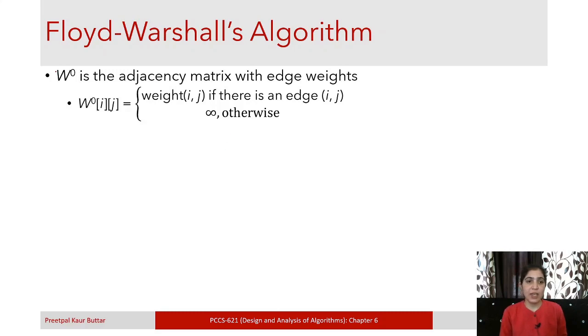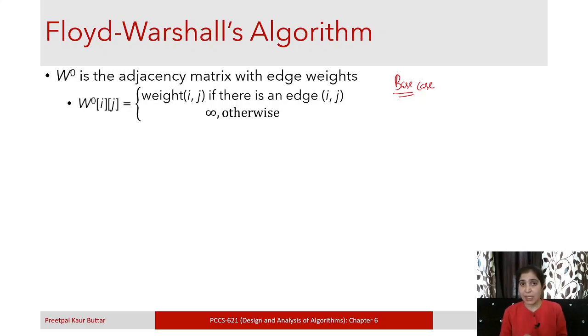Initially we have W naught. W naught is the adjacency matrix of your graph with edge weights. Each entry W0 ij of that matrix is equal to the weight. This is the base case we talked about, the simplest shortest path, where you do not need to refer to other subproblems.